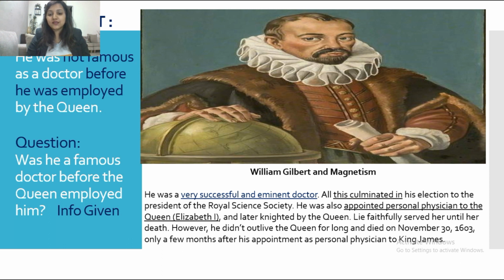That means his fame and his success made him the president of the Royal Science Society, and due to his fame and his success, he was also appointed as a personal physician to Queen Elizabeth I.